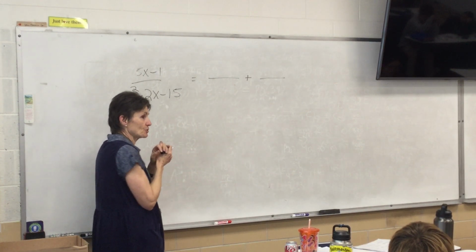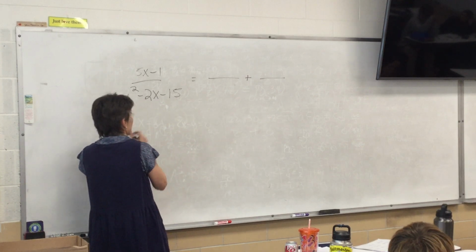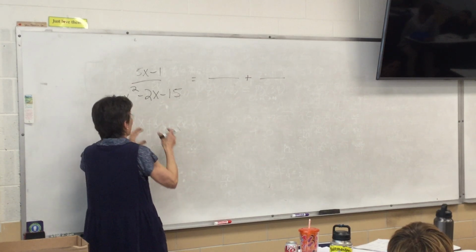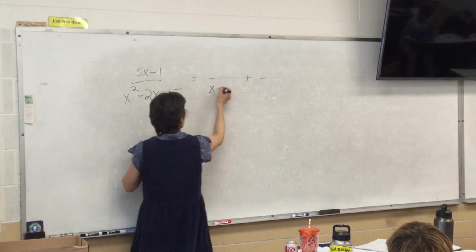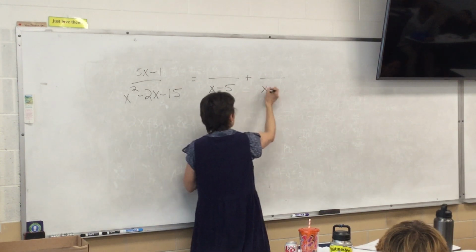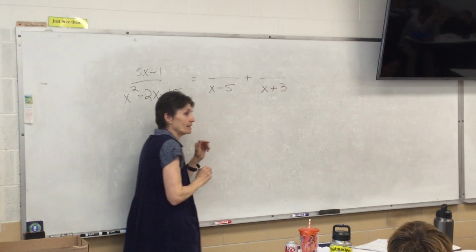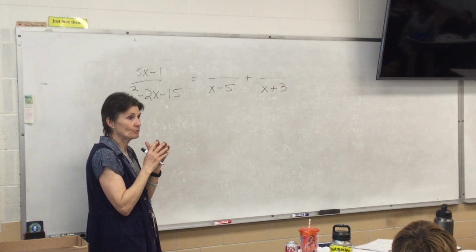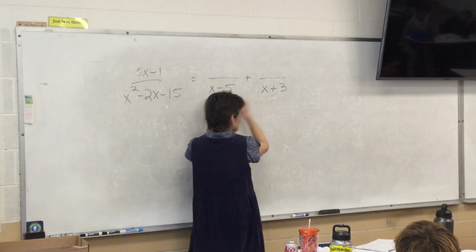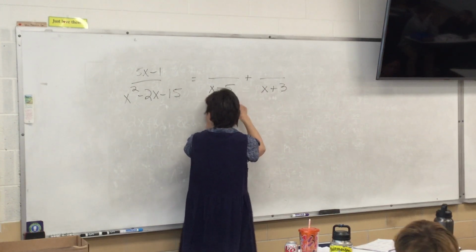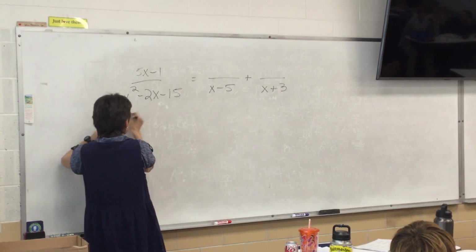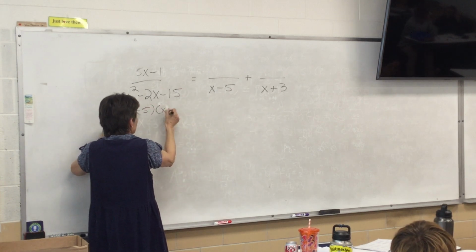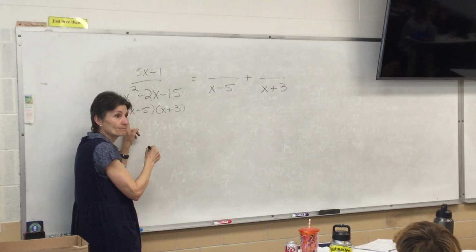Does it make sense to you that I could get this by adding together a fraction that had that as a denominator and that as a denominator? Does it make sense that if I were to add 2 fractions with those denominators, I would get one with this denominator? Because those are the factors of this, right?